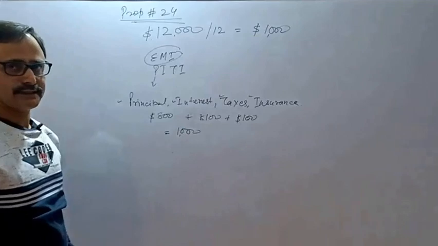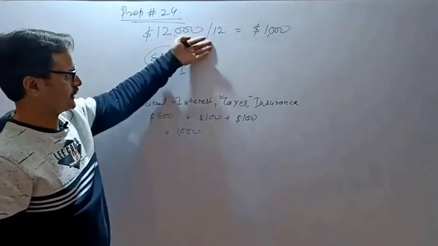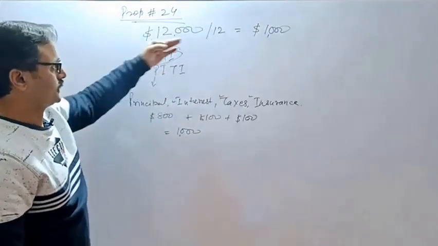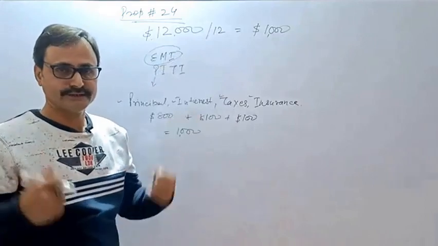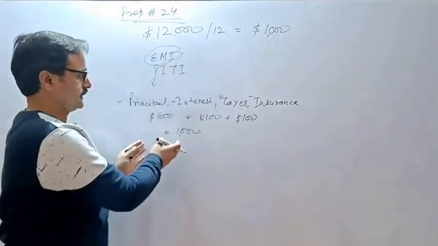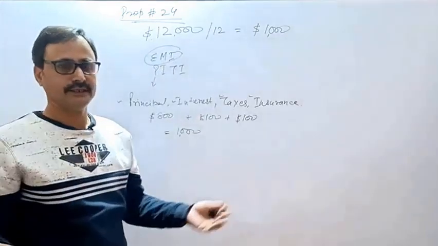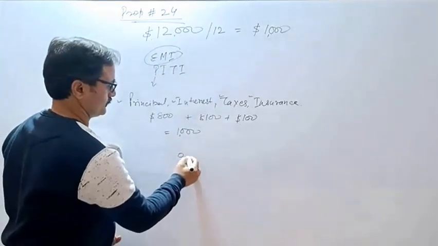Is there any income from this property? No, there is no rental income. The borrower is receiving 1,000 from the tenant and paying 1,000. So it is zero, not negative, not positive.